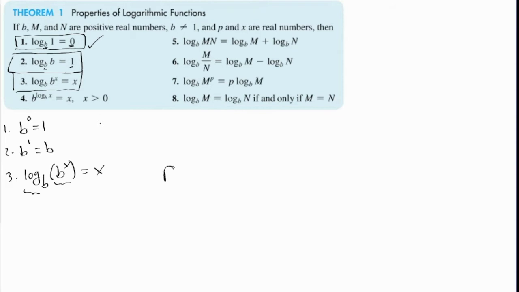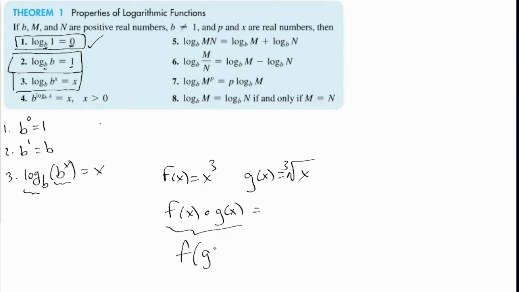So let's show you another example. If I had f of x equals x cubed and g of x equals the cube root of x, if I put one function inside of the other, so this is f of x composed with g of x, and this can also be written as f of g of x. So it's two different notations that mean the same thing. When you put one function inside of the other, if they are inverse functions, they will extract the variable.